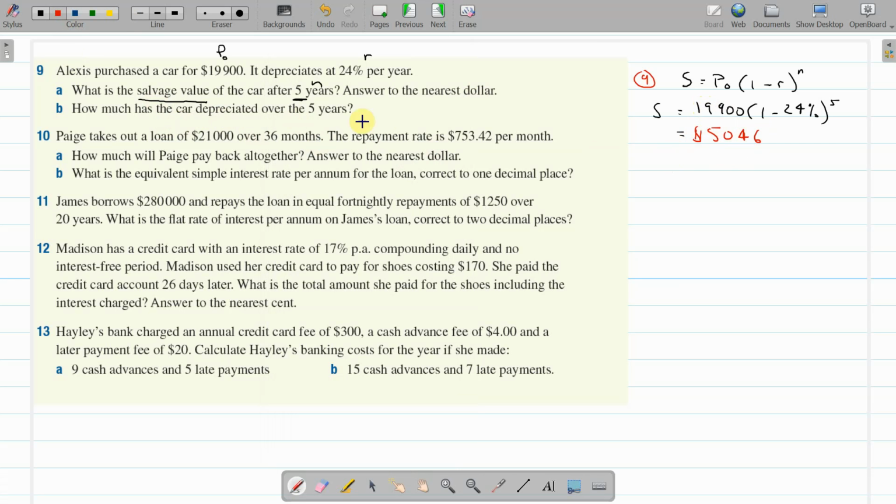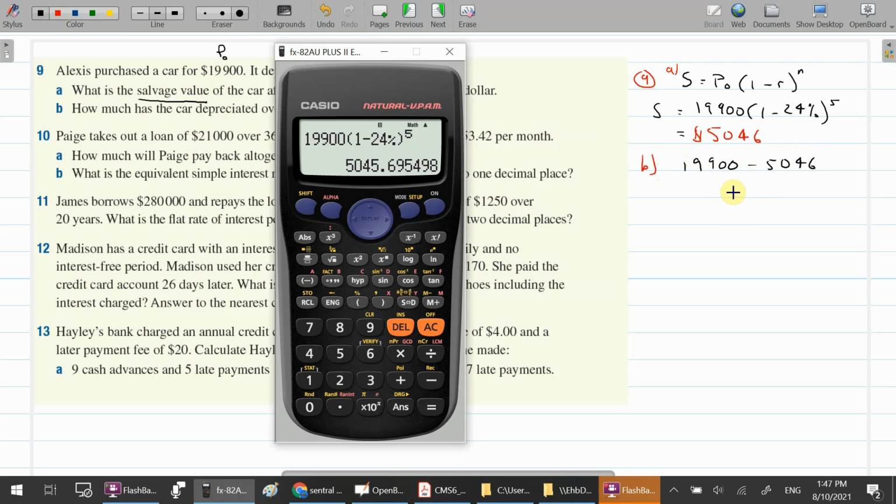Okay, how much has the car depreciated? So that's 9A, 9B, depreciated this much. Okay. 19,900 minus 5046. 14,854.